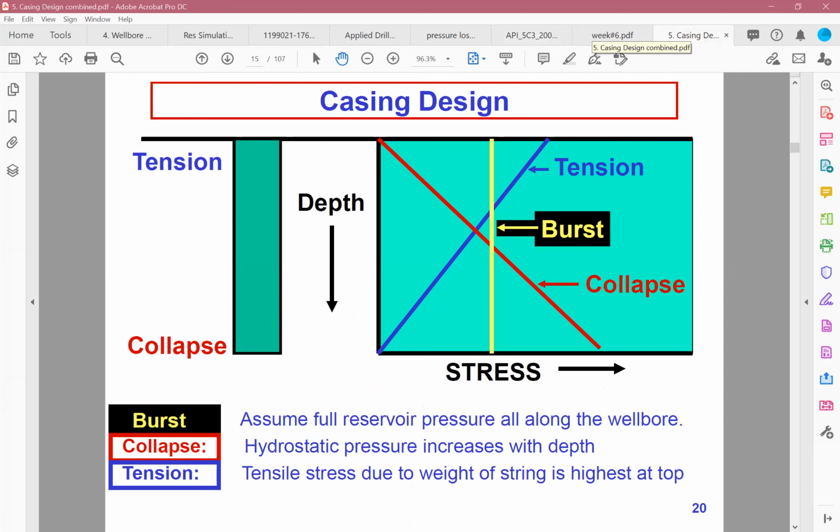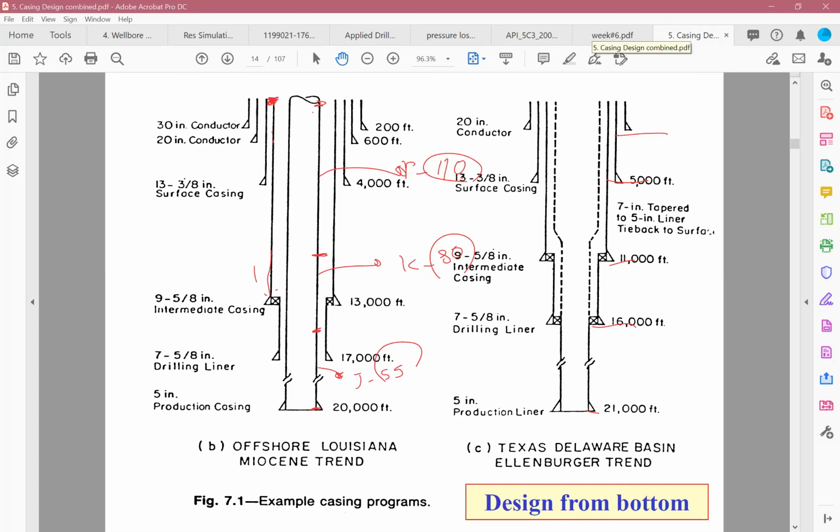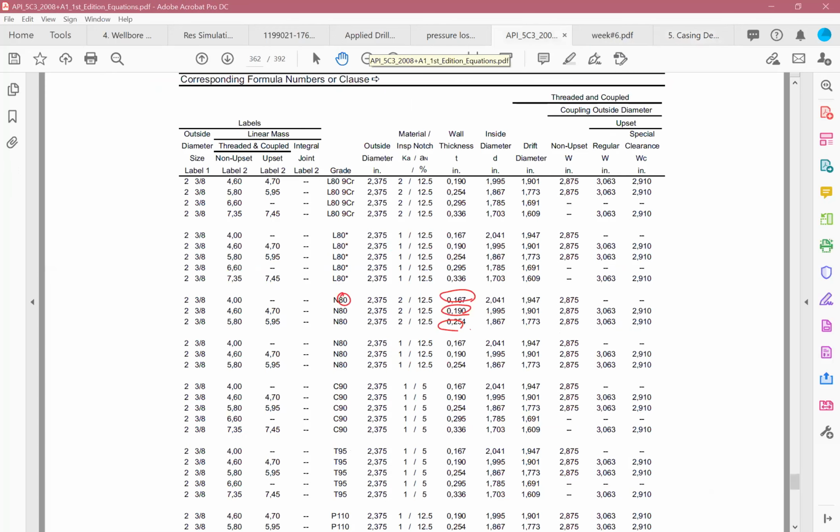Starting next session, we actually start to talk about design, which are the design criteria: tension, burst, collapse, and how to design a casing based on these properties. Any questions? Nope. All right. So if there is no question, I'm going to stop this recording.